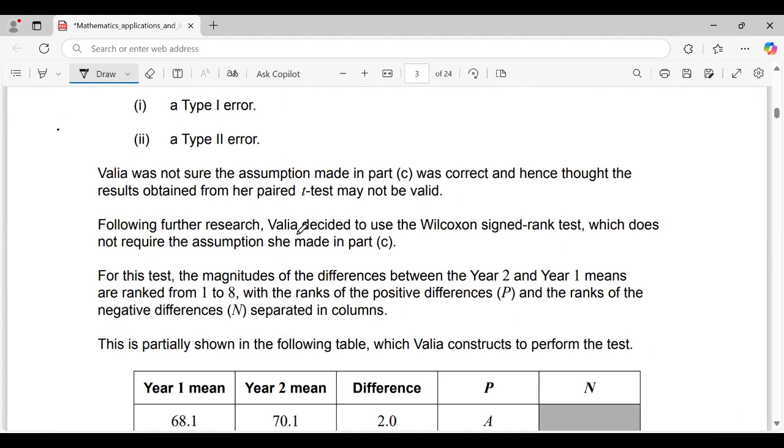Following further research, Falia decided to use the Wilcoxon signed rank test, which does not require the assumptions she made in part C. For this test, the magnitudes of the differences between the year 2 and year 1 means are ranked from 1 to 8, with the ranks from the positive differences P, so P is the positive differences in this column, and the ranks of the negative differences is N, separated in this column.